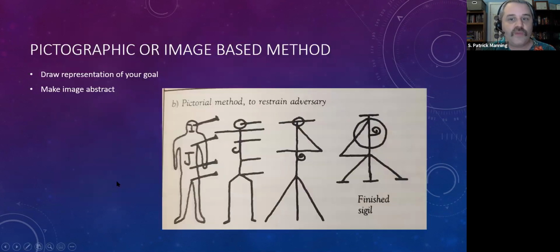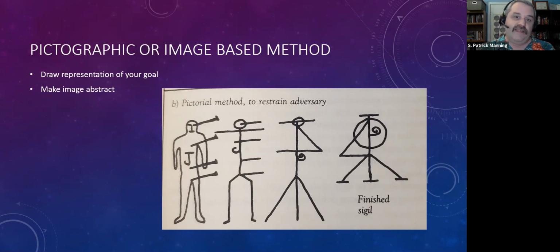So we also have a pictographic method where you just draw little pictures of what you want to have happen and then distort it into some kind of abstract sigil. I really like this. I just love how Carroll shows that he's not really good at drawing people in this.